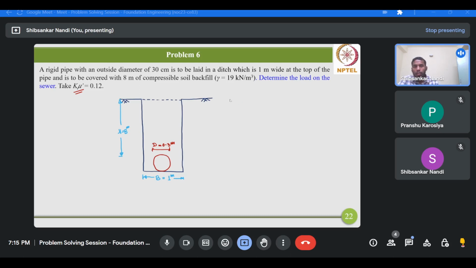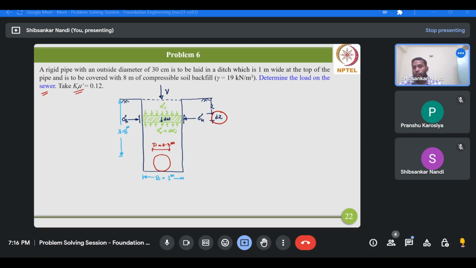to calculate the load on the conduit, that is the sewer pipe, we'll first consider an elemental slice at a distance of z from the ground surface, and the thickness of this slice is dz. Okay, so the elemental slice of thickness dz and width b is considered at a depth of z from the ground surface. Now please carefully observe what are the different forces acting on this slice.